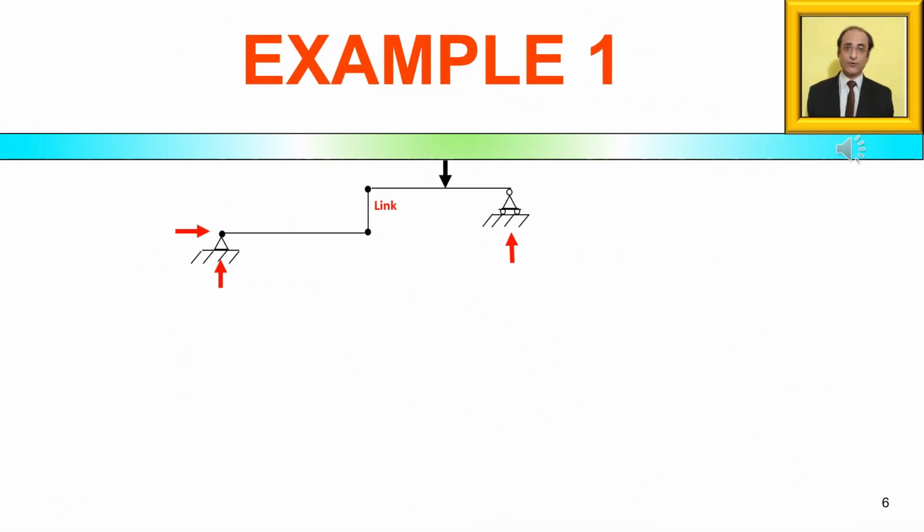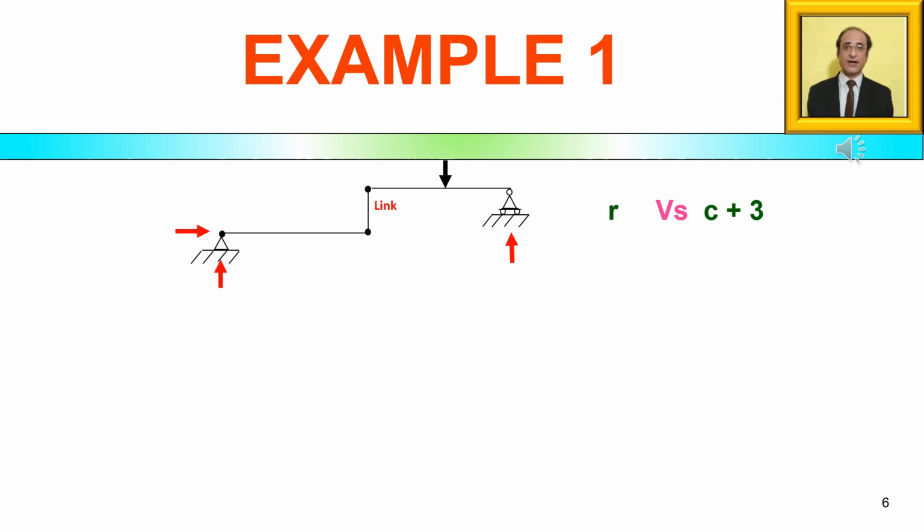Let us consider an example structure. Here we have a beam with an internal arrangement, a condition of construction, such that there are two levels and both levels of beams are connected by a simple link. A link element cannot resist any bending moment and is only a two-force element. To take a decision on the stability and determinacy of the structure, and if it's indeterminate, we need to find the DSI.